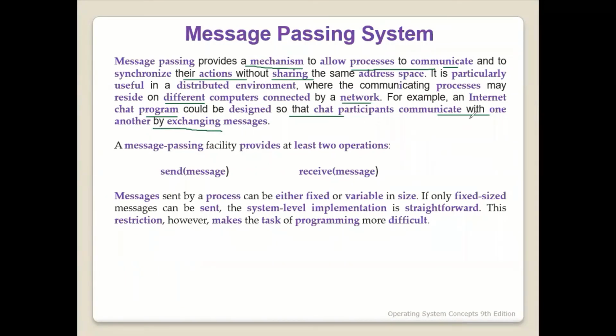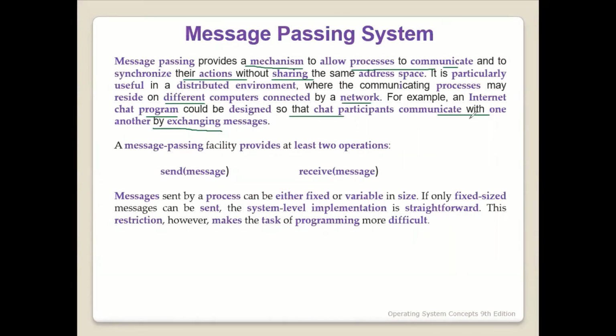I'm at home, you are somewhere else, in different locations. Moreover, we are using different kinds of machines. It's not the same machine. So we are connected by the network and we communicate. We are each considered a process.